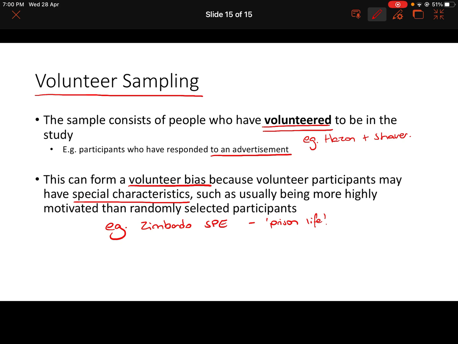Why were they attracted to that study, and why were they willing to take part? Is it because people who are interested in understanding prison life are interested in that hostile environment? Maybe these are people who have idealized visions of prisons. Maybe they've watched lots of prison films. In any case, they might share a characteristic that is not seen in the population. And for that reason, we might end up with a biased sample, known as a volunteer bias.